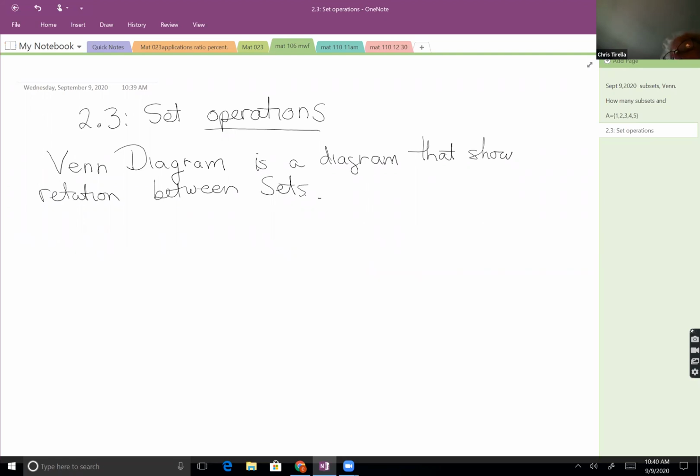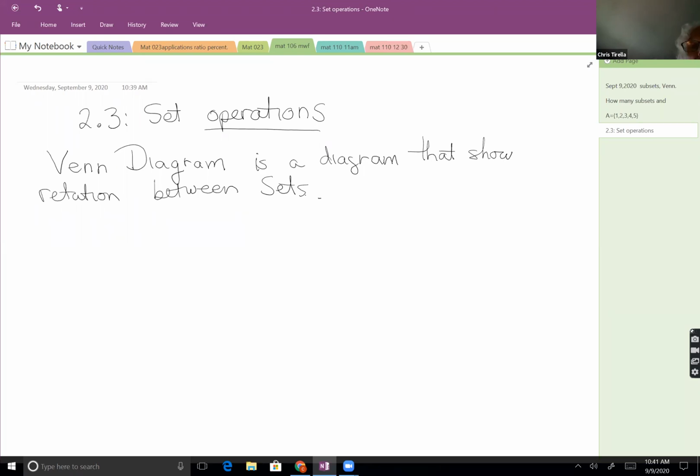Just giving you a heads up, if you look at the diagrams I draw, you can see why I teach math and not art. I don't take off for artistic value. They don't have to be the world's prettiest drawings. They just have to be clear enough for us to determine the relationship between the sets.